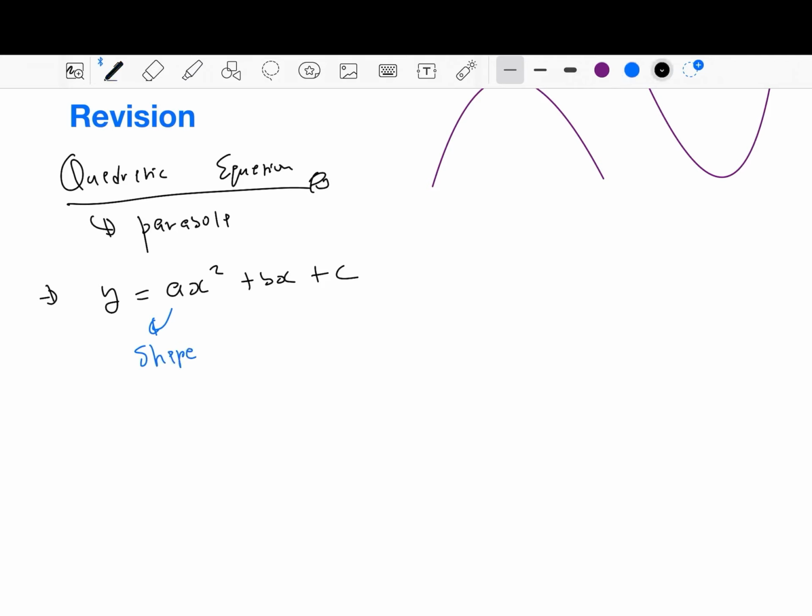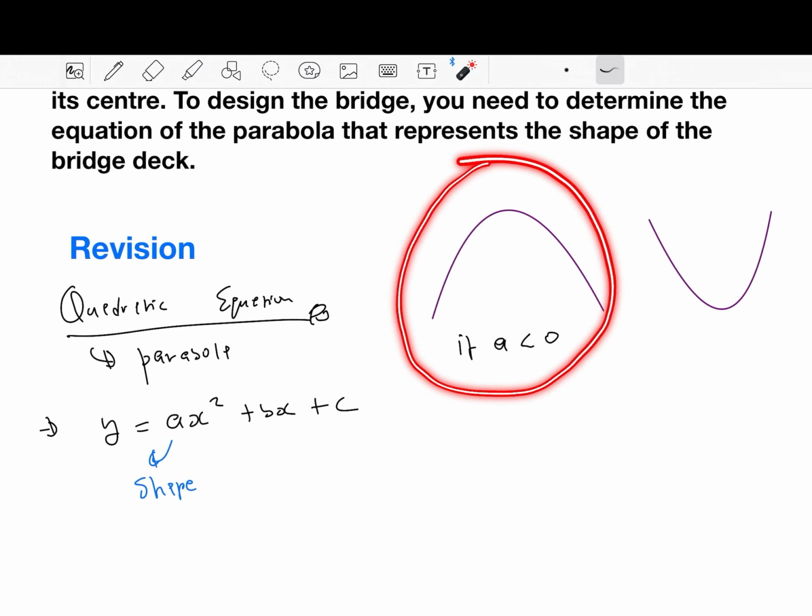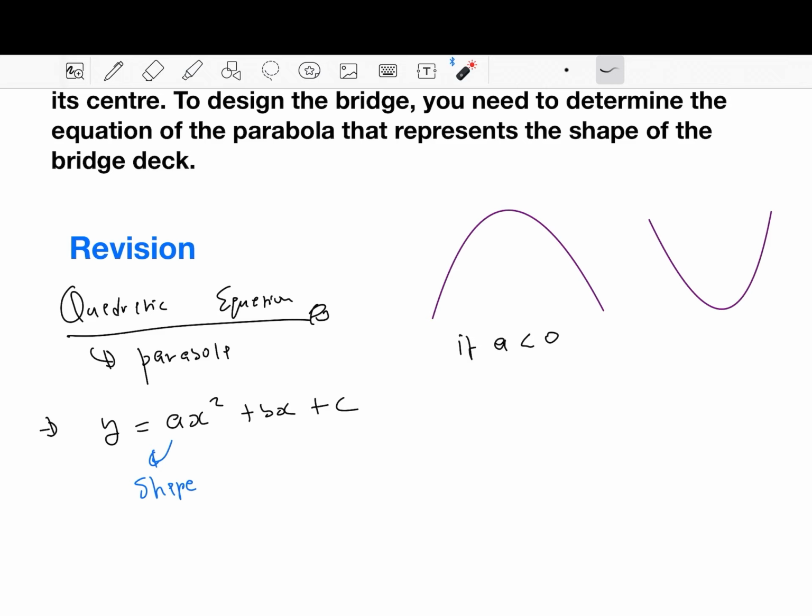What do I mean by that? If a is negative in your equation, you're going to have this shape. That's guaranteed. If a is positive, it's guaranteed that you're going to have this shape.